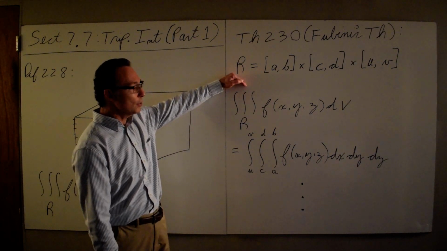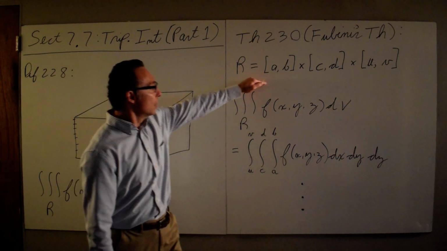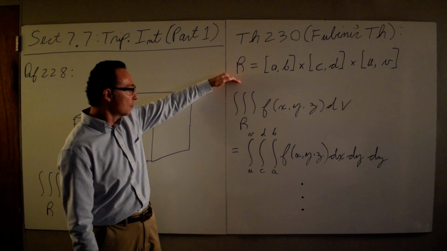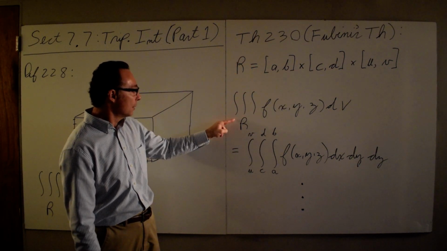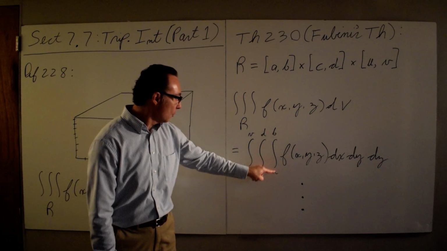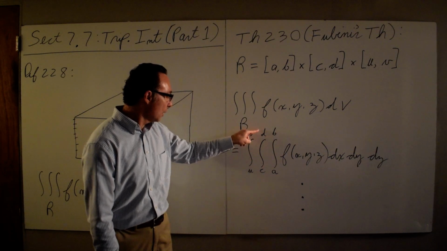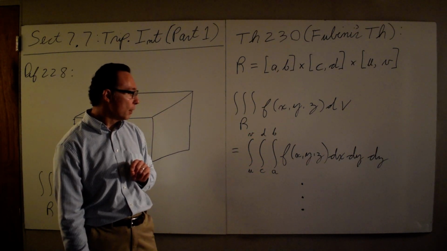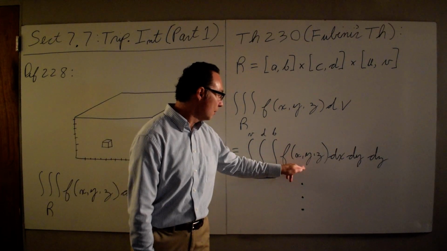Well, we have a Fubini's theorem for R3. If you're integrating over this box, this rectangular prism, then that's what R is. And then we can say, all right, we're going to integrate over the x interval, the y interval, and the z interval, and we'll just have a triple integral. We'll calculate the antiderivative here.